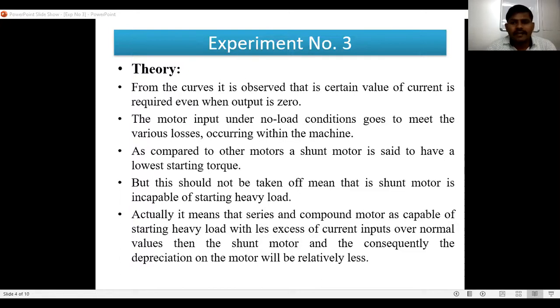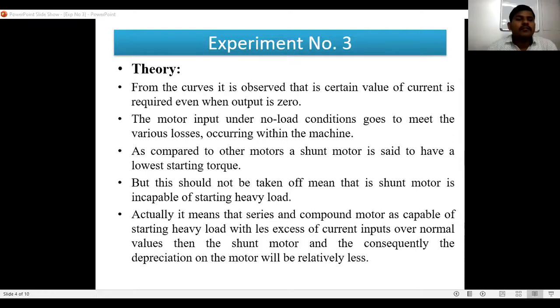Hysteresis loss and eddy current loss, that means core losses, or we can call it as iron losses. To overcome these various types of losses, motor will take some of the input current at zero value of output. Okay, so motor input under no load condition goes to meet the various losses occurring within the machine.